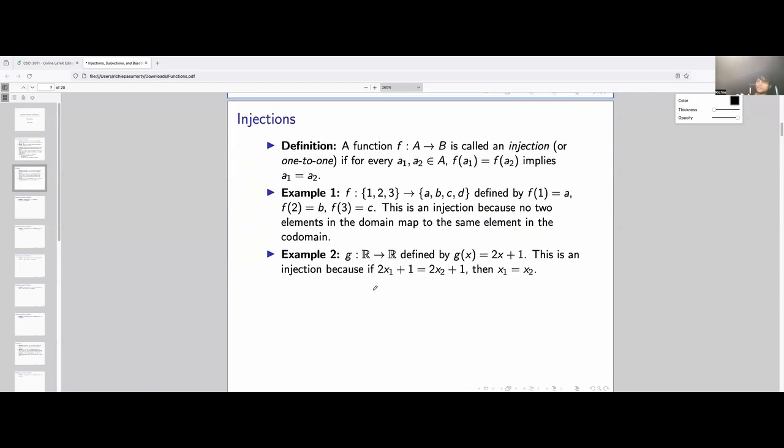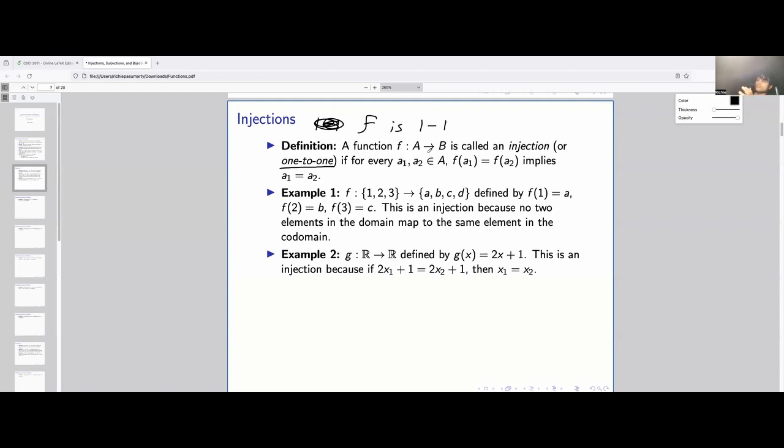Okay, now let's first talk about what an injection, or an injective function, is. Another name people often use for this is one-to-one. Sometimes you'll see this abbreviation, like I might say this function is one-to-one. It's a common abbreviation people use.